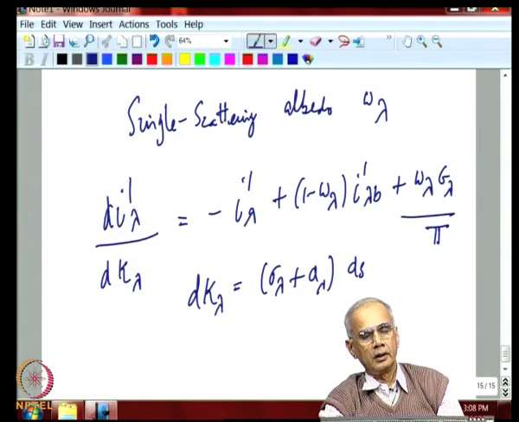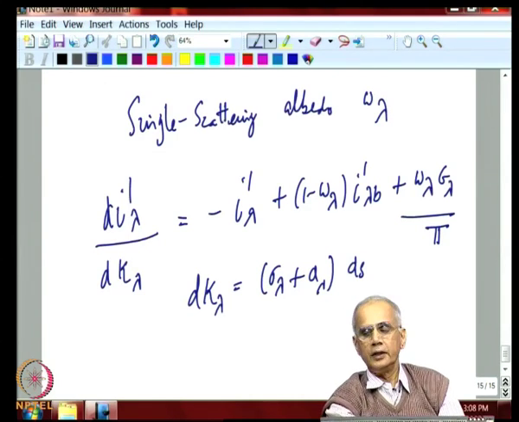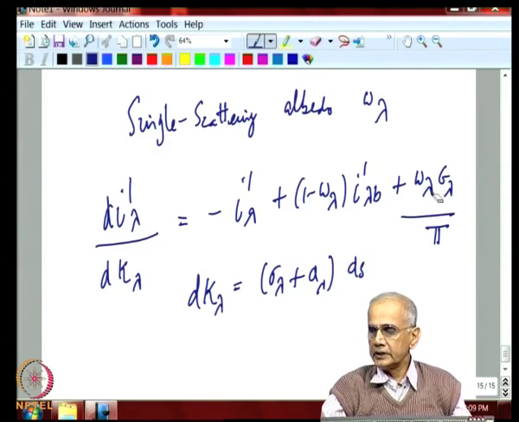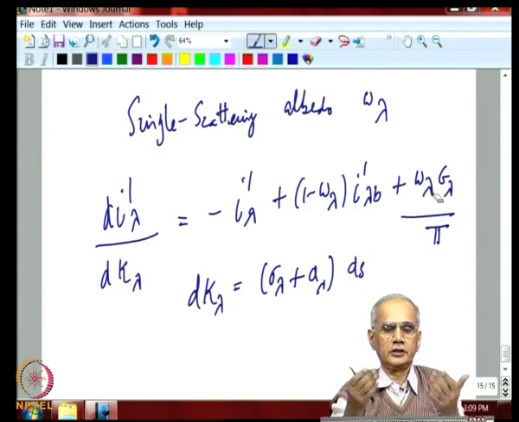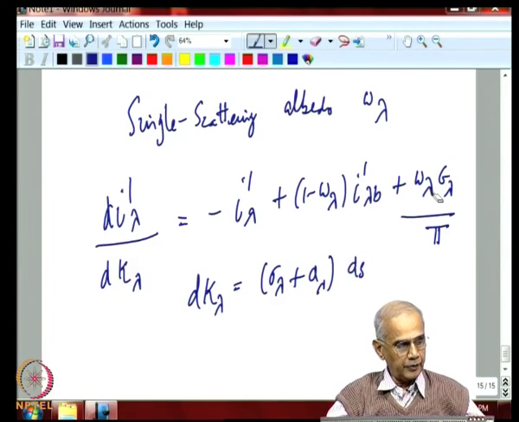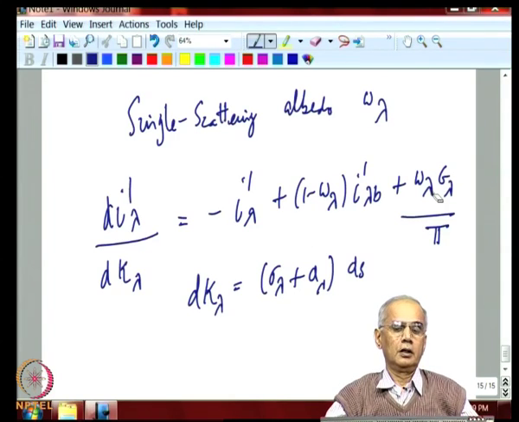But in a medium which both scatters and absorbs radiation, we are now linking the intensity in a given direction and wavelength not only to the incoming intensity and the intensity of emission by a black body, it is also related to another expression called G lambda, which essentially connects all the other directions to a given direction.